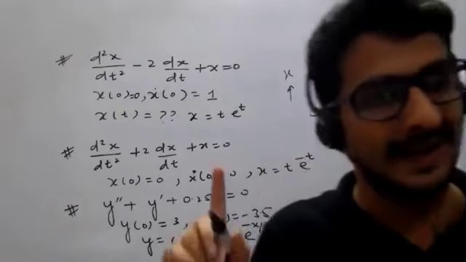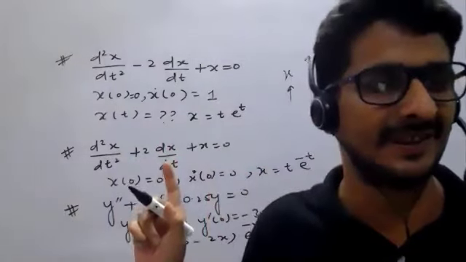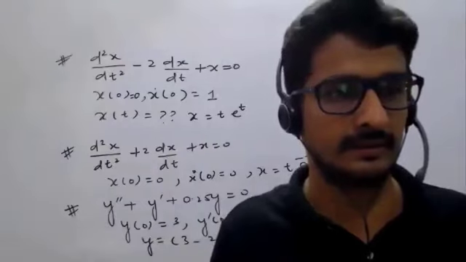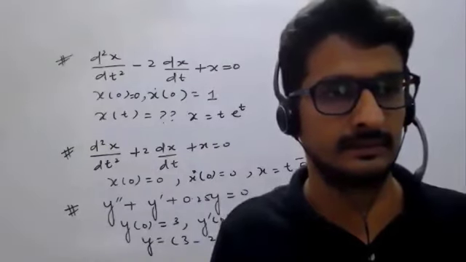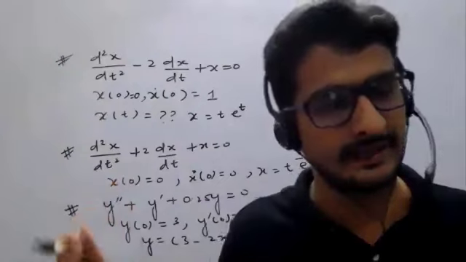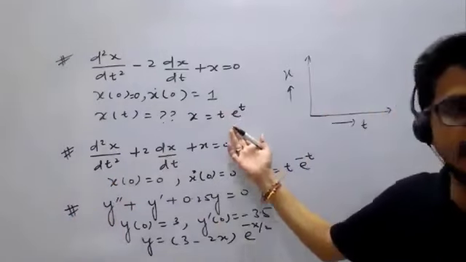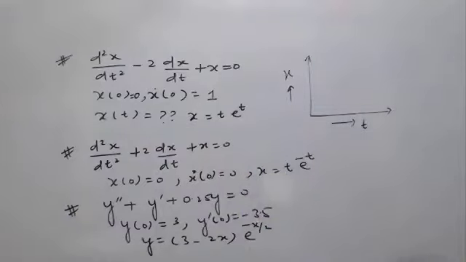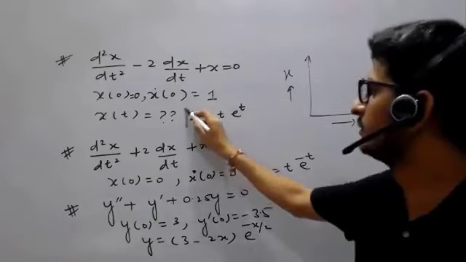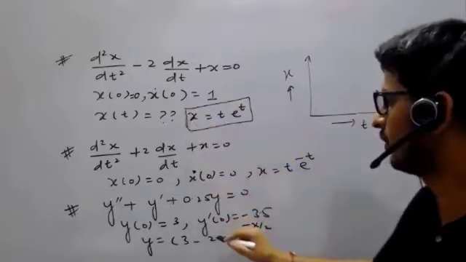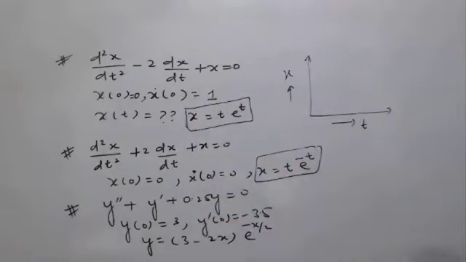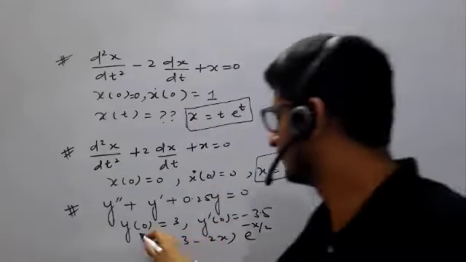What is the meaning of the solution of a differential equation? We are finding the value of x. Yes, so if x is written as a function of t, that means that is a solution. Okay, so I have given this just so that you can correlate after calculation. Okay, so these are the three solutions.